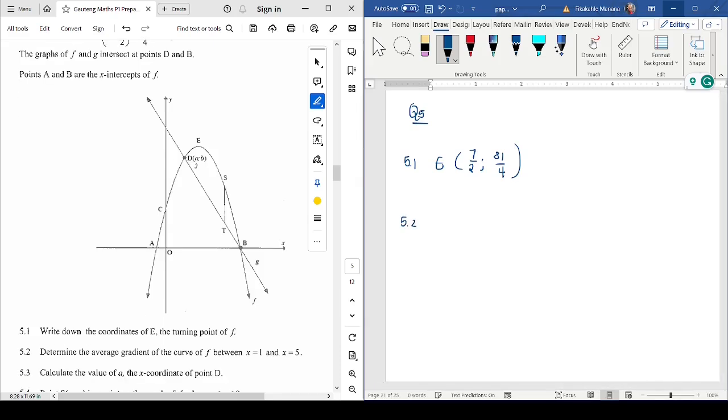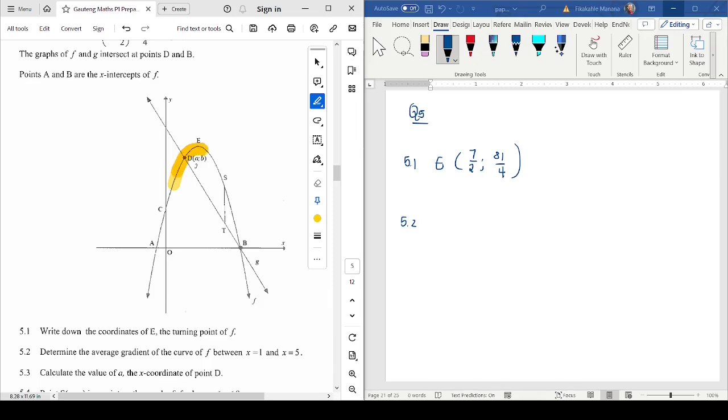And 5.2 says determine the average gradient of the curve of f between x equals 1 and x equals 5.